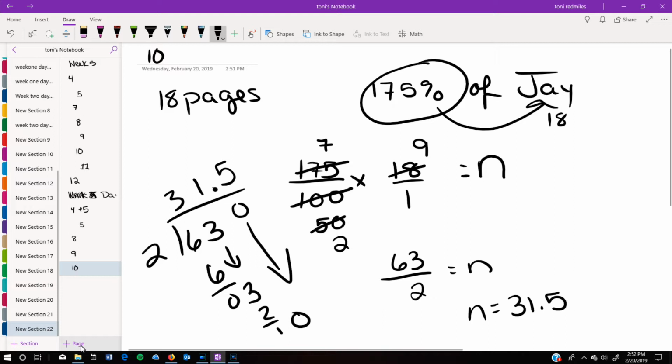Makes sense because Madison's paper is obviously longer than Jay's because it's over 100%, so it should be more. So she had a half of one page. I think that's fair to be able to have a half of a page, it could just have words for half of it. So I would say keep it as a decimal.